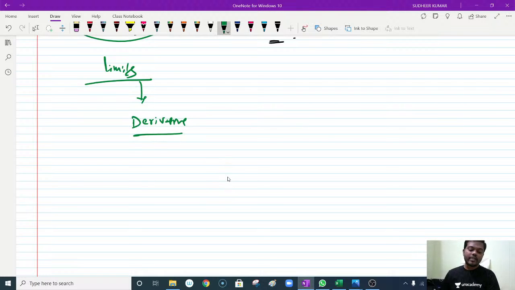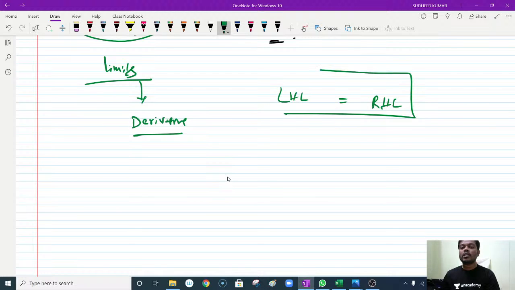We can find the derivative of a function when left hand limit equals right hand limit, then only the derivative of the function exists, or else it does not exist. So to discuss derivatives, we need to know about limits. How to solve the limits?